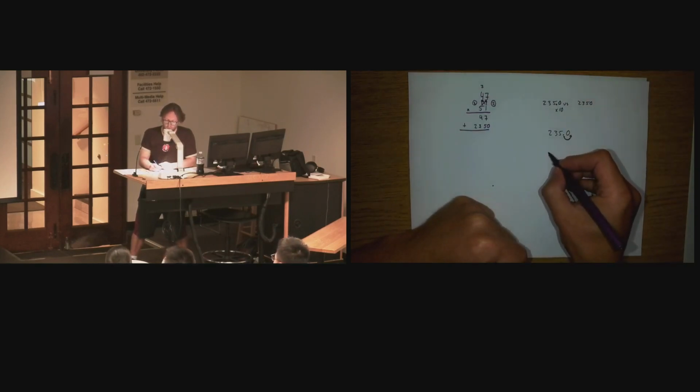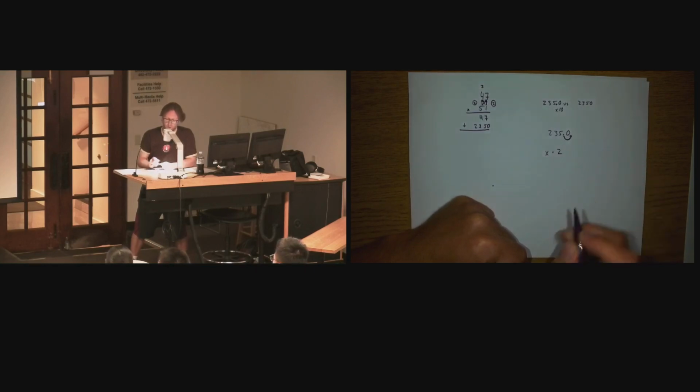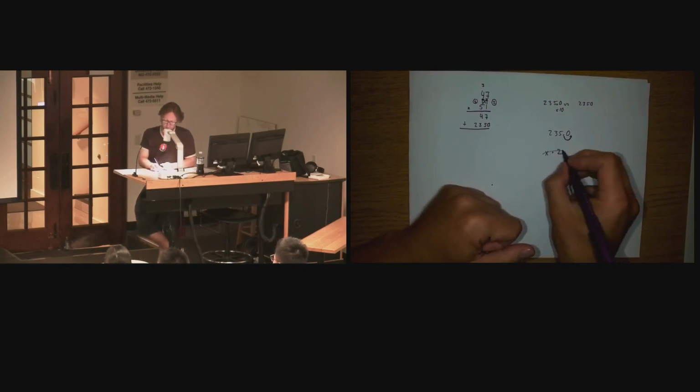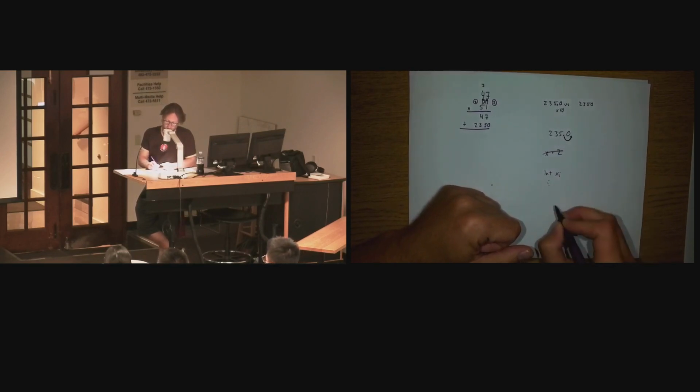if you want to multiply something by 2, x times 2, what's another way of doing that? In most programming languages, here let's actually write some Java code. Int x, and then dot dot dot. X is equal to x times 2.